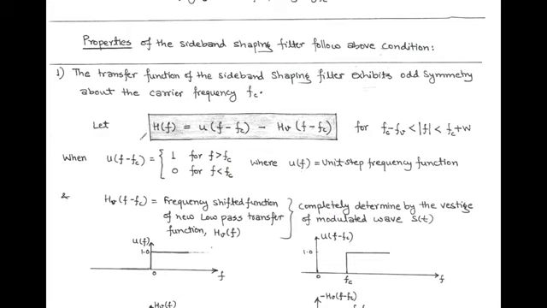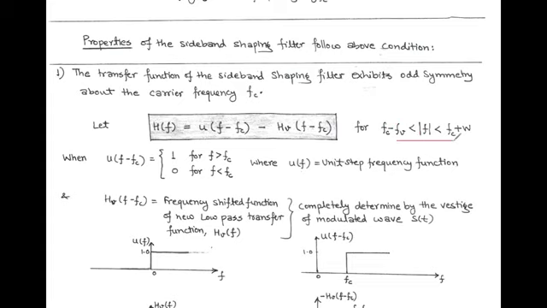This transfer function is band limited between fc minus fv and fc plus W. Here fc plus W is the higher frequency component and fc minus fv is the lower frequency component. So from here we can determine the transmission bandwidth of the sideband shaping filter, and it is equal to the higher frequency minus the lower frequency, that is fv plus W.